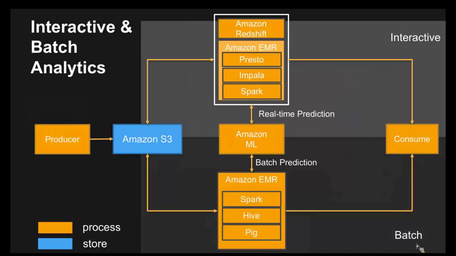So in terms of interactive analytics, here's the classic architecture. Your producer puts the data in S3, and then data gets either copied to Redshift for doing interactive analytics, or you're using Presto, Impala, or Spark to do interactive analytics, and then you consume the data. You can also do real-time predictions via Amazon Machine Learning, for example.